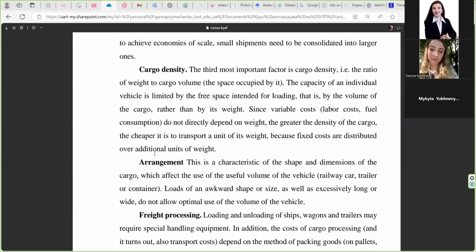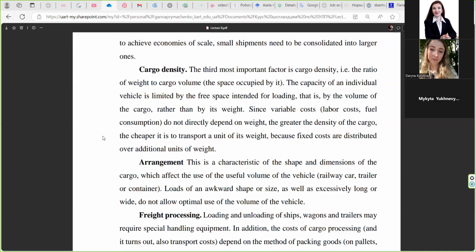The capacity of an individual vehicle is limited by the free space intended for loading, that is, by the volume of the cargo rather than by its weight, since variable costs, labor costs, and fuel consumption don't directly depend on weight. The greater the density of the cargo, the cheaper it is to transport a unit of its weight, because fixed costs are distributed over additional units of weight.